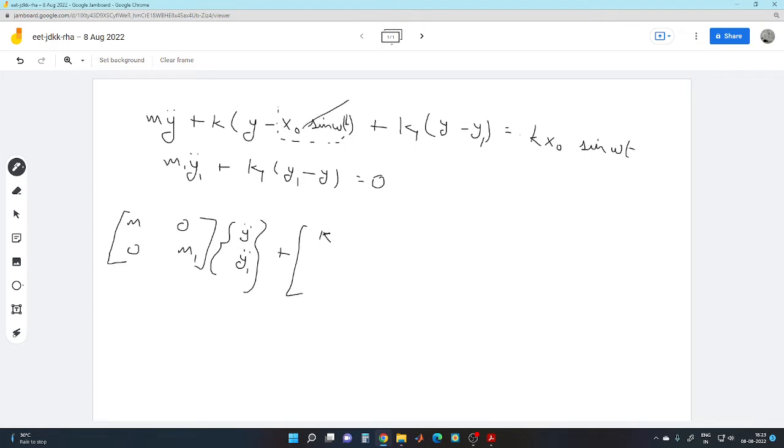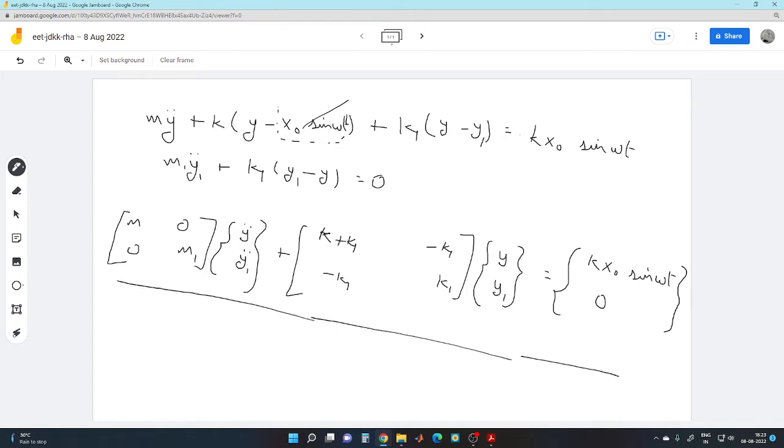So what will be left is k plus k1 into y, and minus k1. In the lower row it will be minus k1 and k1. This times y, y1 is equal to k x naught sine of omega t and 0.